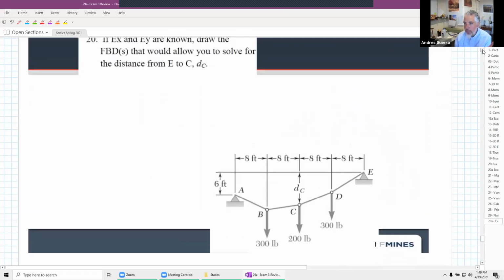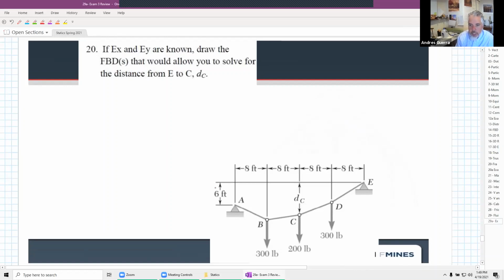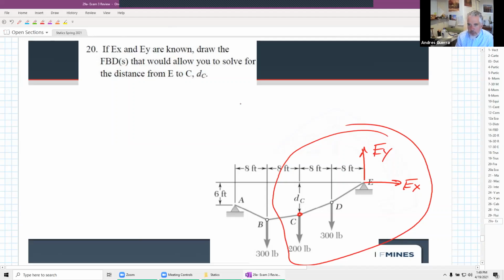Now, this one's going a little bit different direction. If EX and EY are known, so now instead of asking us to solve for EX and EY, if we know EX and EY, they want us to solve for D to C. Well, it's the same FBD we just talked about, and we would still sum moments about C equal to 0, because then DC would show up and we could use that to solve for DC.